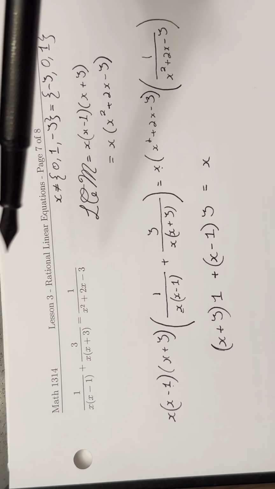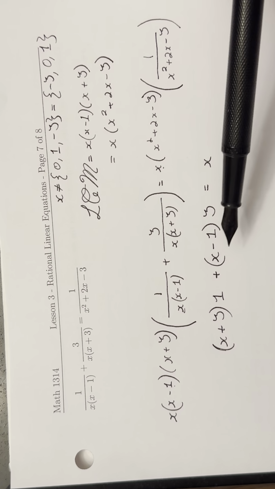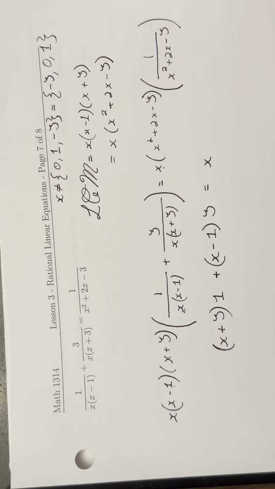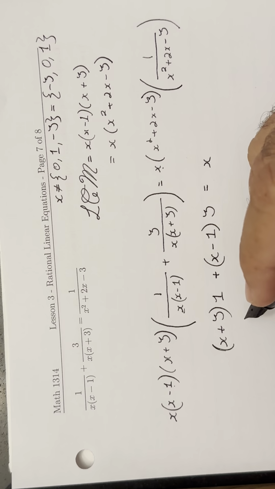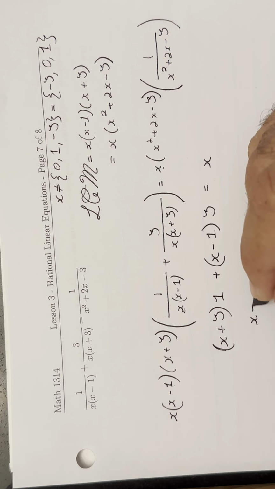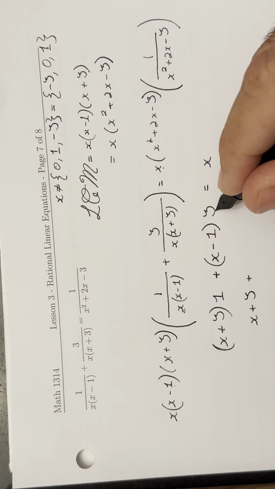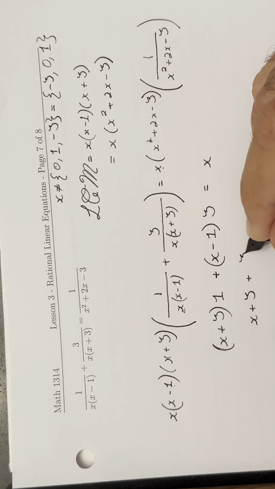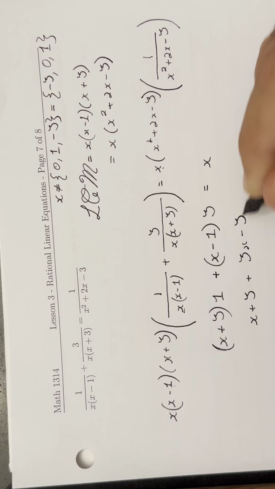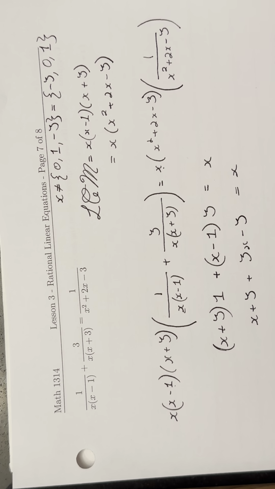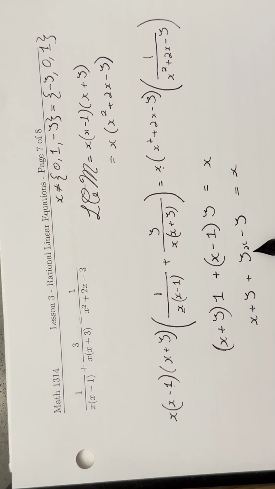And this went from a very complicated looking expression to a very simple expression to work with now. We just have to work it out. So we have x plus 3. Distribute this 3 here. So we've got 3x minus 3. And that all equals x. And so x plus 3x, that is 4x.